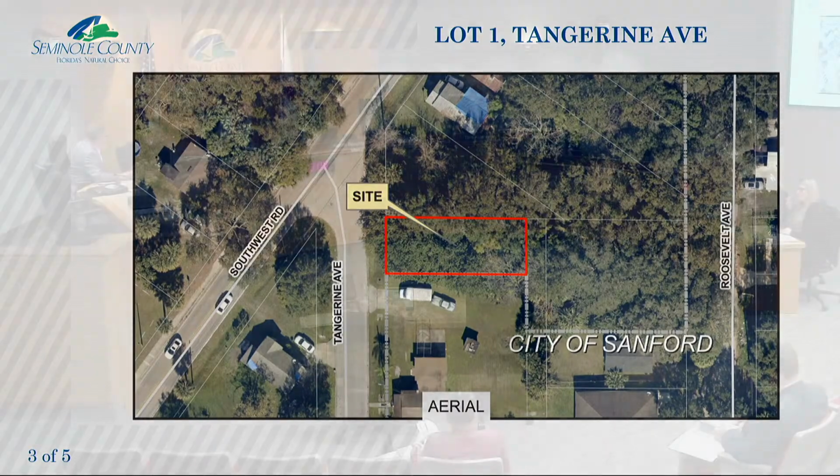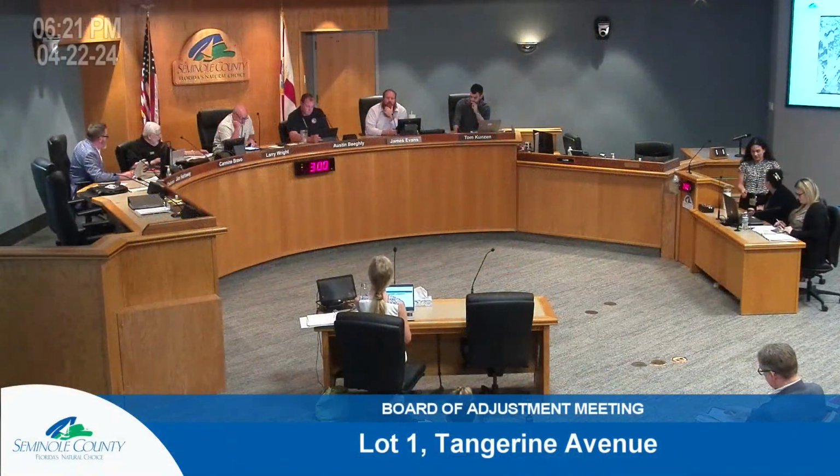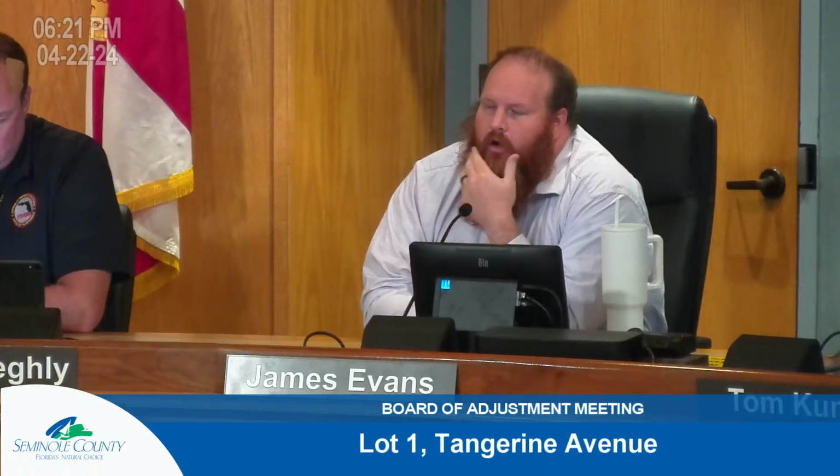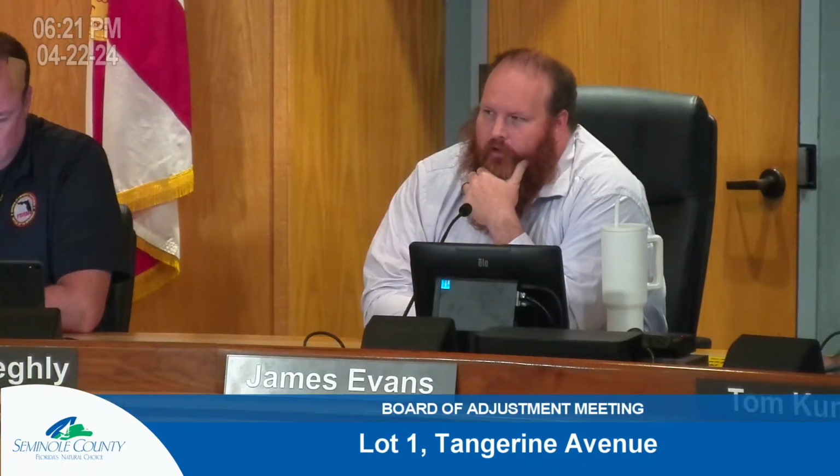My question then becomes, is it part of our concern for this matter, effectively, that we would be stripping the property to the north of building rights by allowing this setback? Because then those two buildings would be incredibly close with a five-foot setback.